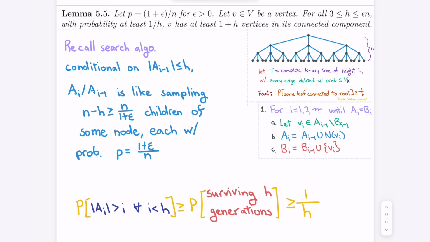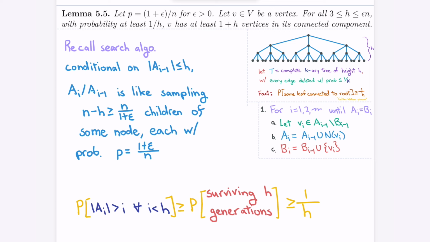But if you put this all together, you'll find that getting a connected component of size H is easier or more likely than getting a total population of size H in that simulated process, which is easier than surviving a full H generations.